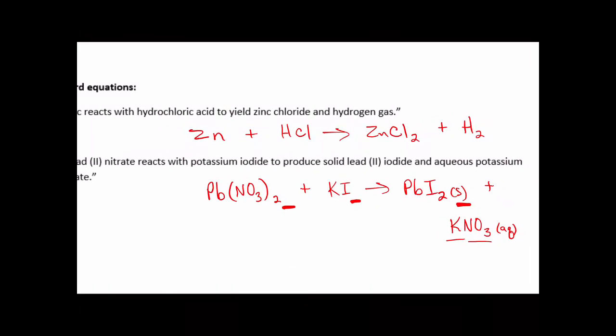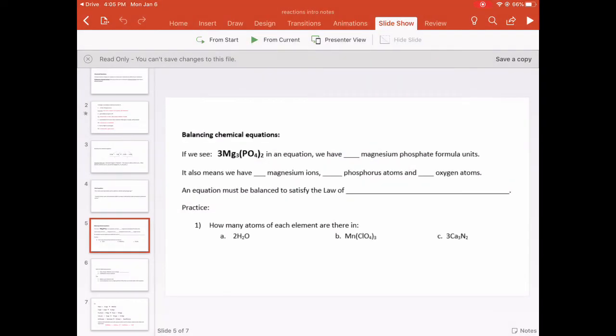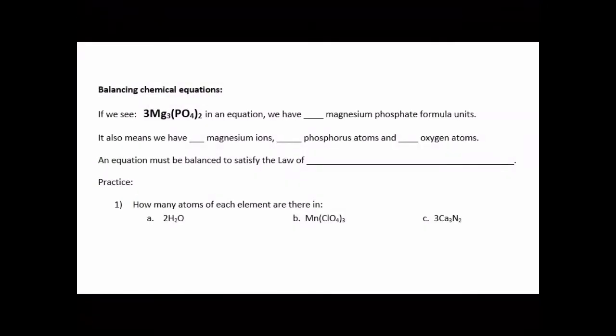All right. So then, we can talk about balancing equations. When you see in a balanced equation this big number out in front of something, that is the coefficient. That's telling you that you have 3 of this whole thing. In other words, we have 3 magnesium phosphate formula units.